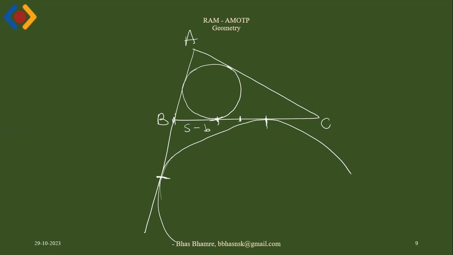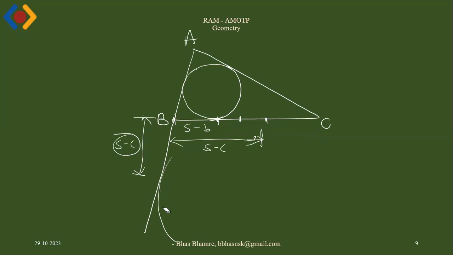This length is a typical length. Do you know what it is? This length from here to here is in fact S minus C. And then therefore from here to here is also S minus C, if I am not wrong. Suppose it is the touching point. Okay. So here is S minus B. And from the midpoint it is A upon 2.